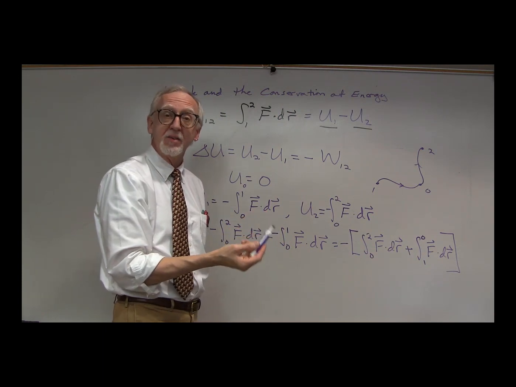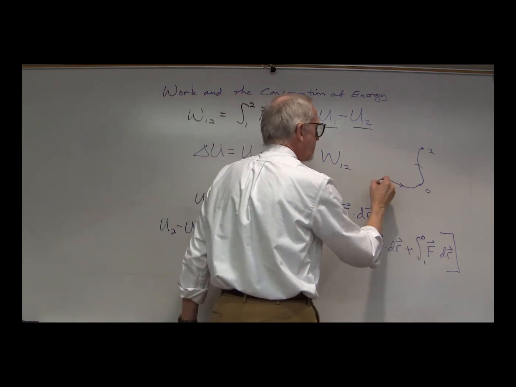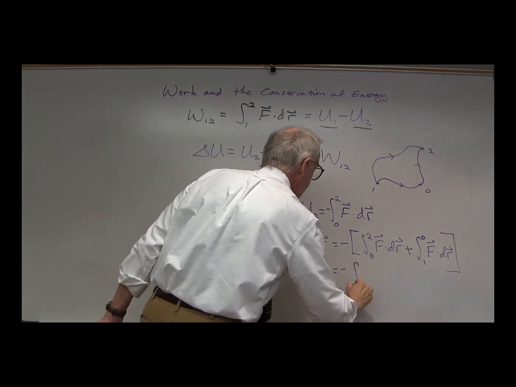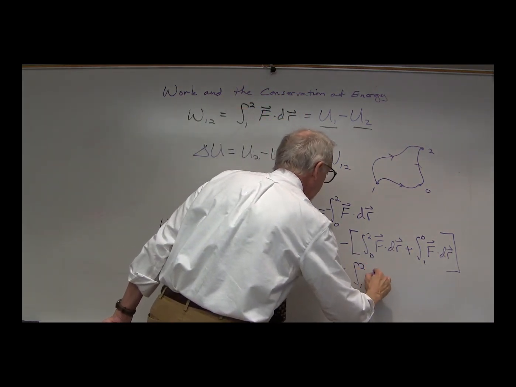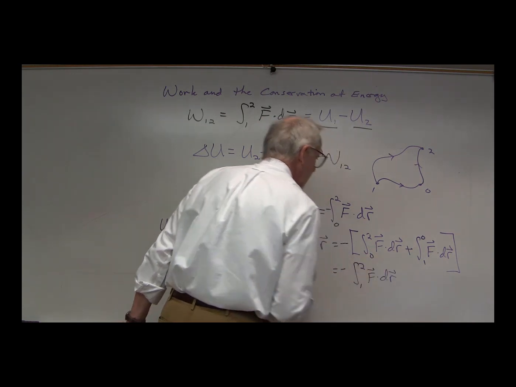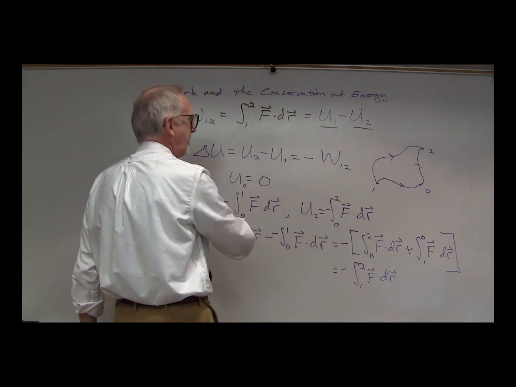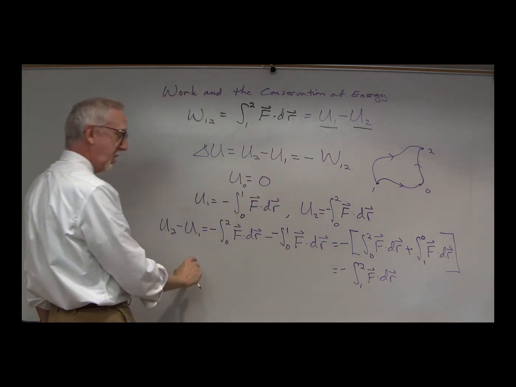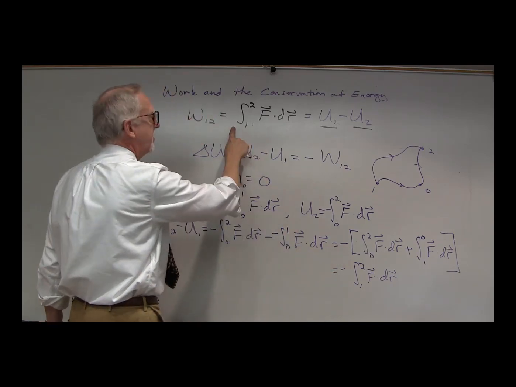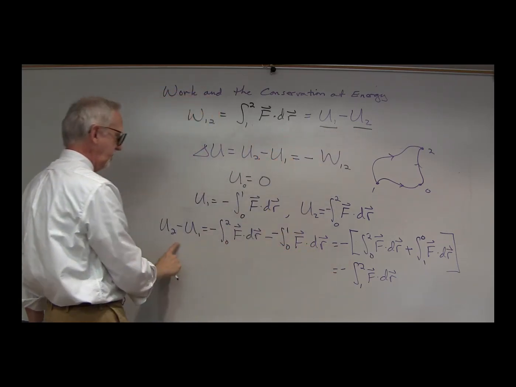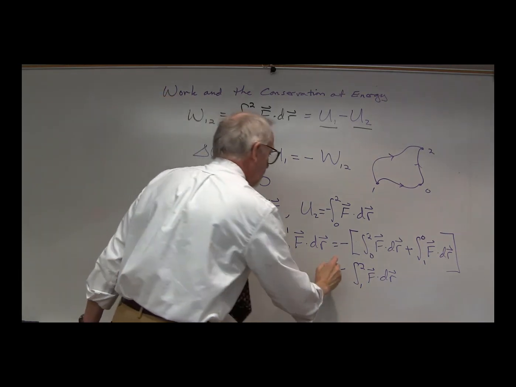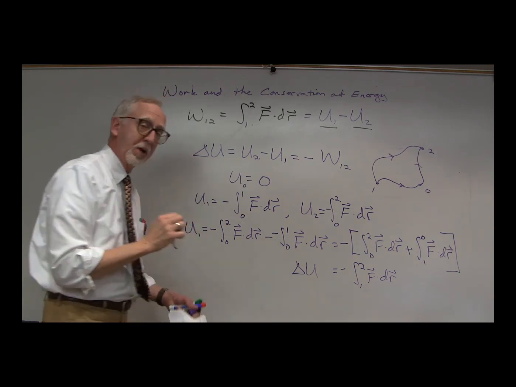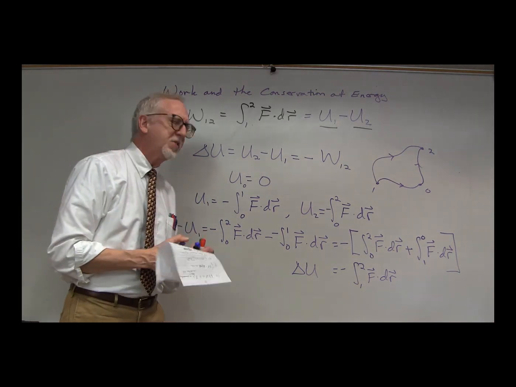If the pathway is arbitrary, this is equal to any integral from 1 to 2. So we can replace this with negative the integral from 1 to 2 of F dot dr, and that is exactly what we had up here. That is U2 minus U1, which is delta U. There we go. So what's the point here?